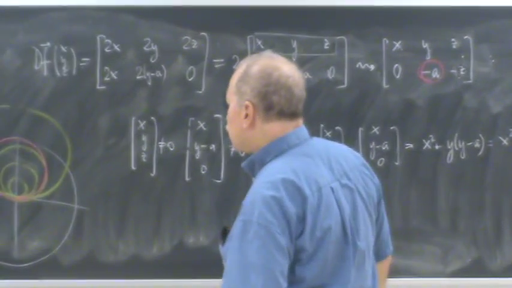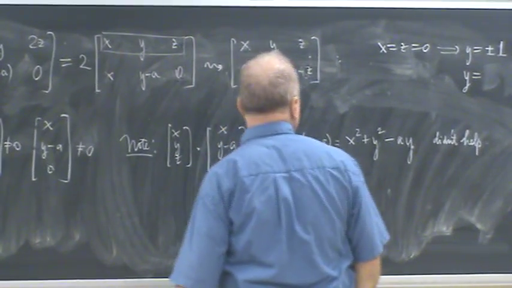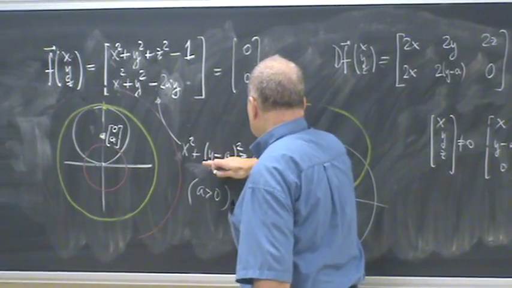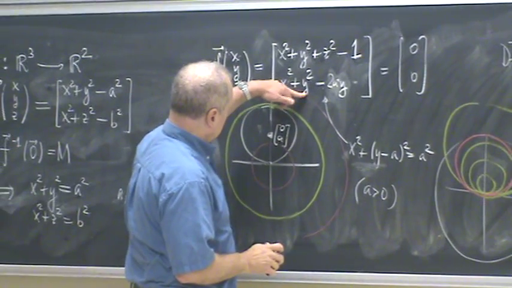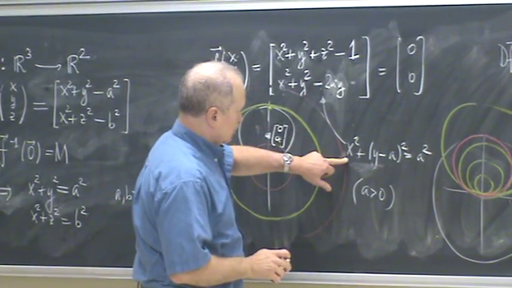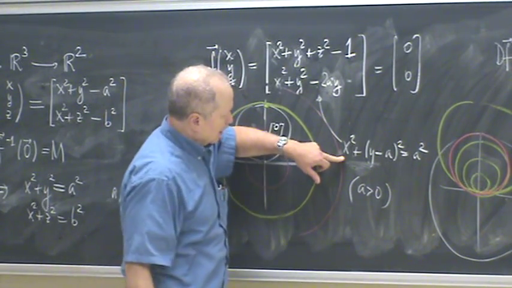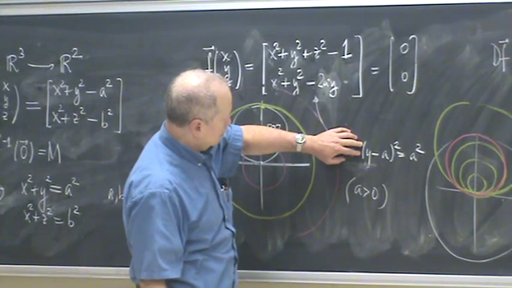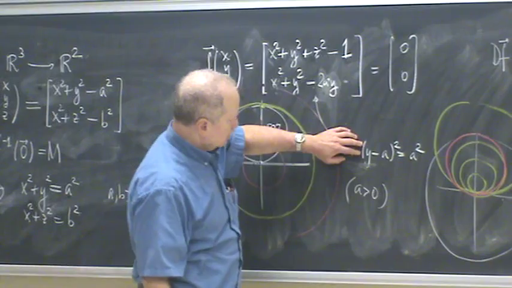Y equals 2A. But y has to be plus or minus 1, so A is 1/2. If x is 0, and we know y is plus or minus 1, then A is 1/2, plus or minus.